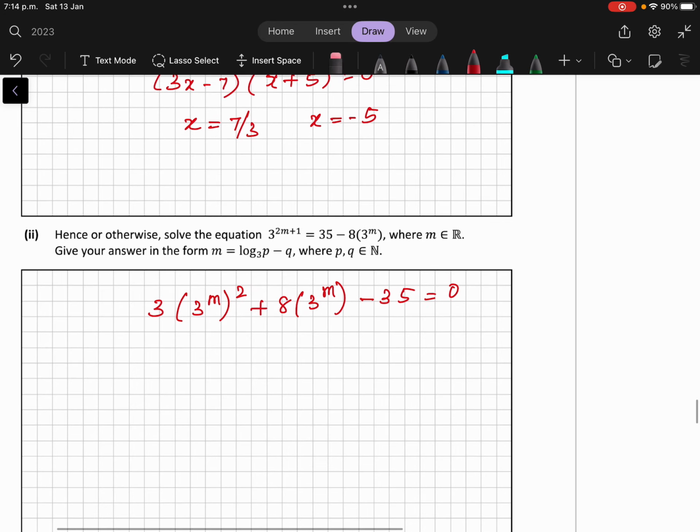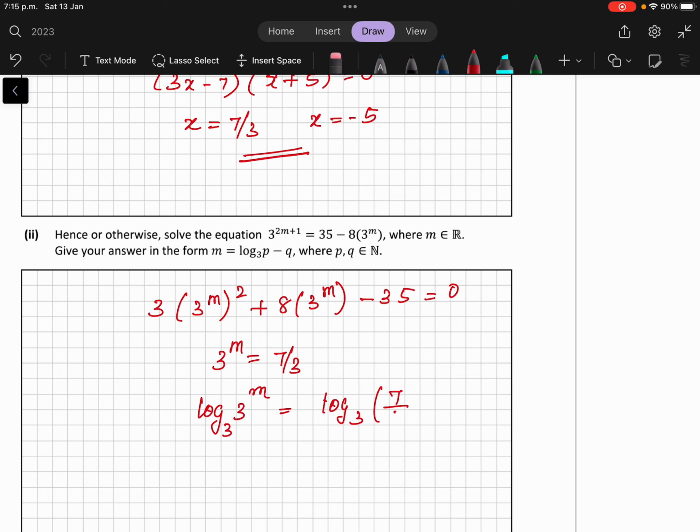Okay, since I have already solved this equation, minus 5 will not work. So I will write 3 to the power of m is equal to 7 over 3 because I have already solved this equation. Now I will write log base 3 of 3 to the power of m is equal to log base 3 of 7 over 3.